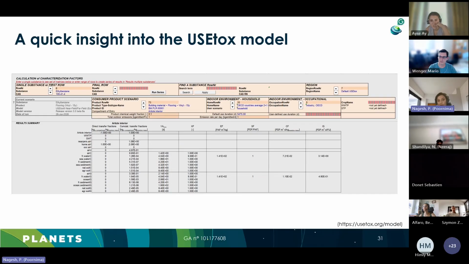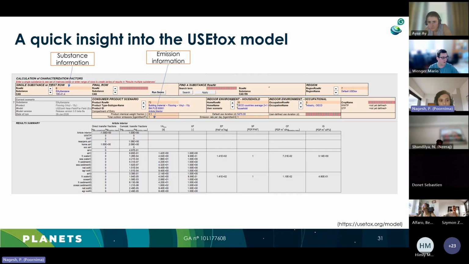And if you go from the first interface, this is how we would actually calculate the fate and also the exposure and effect. This example here is for the case of building materials. As you can see, you have to add the substance information if you're looking to estimate the effect for a certain substance.